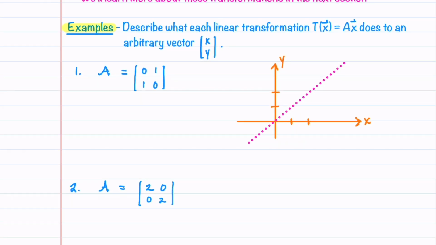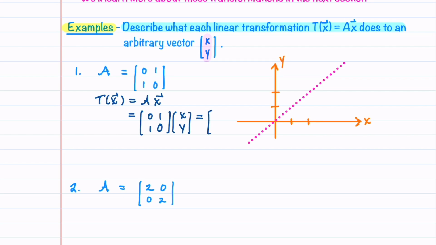We're going to learn what we need to do to describe what each linear transformation does to an arbitrary vector, xy. Our starting point with all of these examples is to compute T of x. This is equal to A times x. So we'll plug in our A, 0, 1, 1, 0, and we'll plug in our arbitrary vector xy.